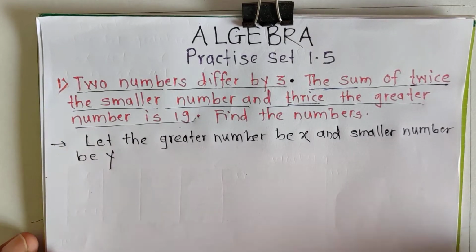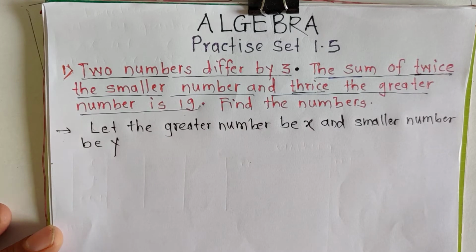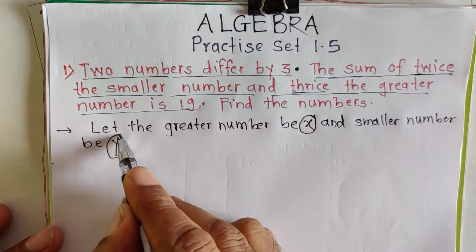These are the two numbers here. x is the greater number and y is the smaller number.